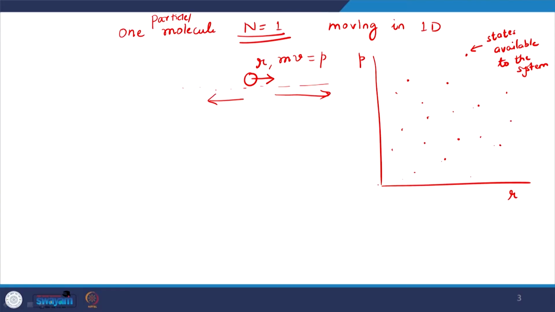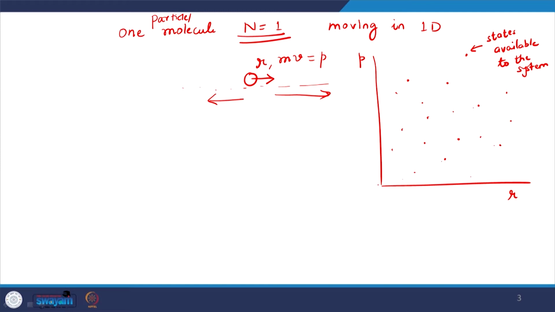Now, for a given system, it may not be from minus to plus infinity or 0 to infinity, it may be in a certain range, let us say within 1 meter to the left or 1 to the right, depending on a boundary condition like a wall that is preventing the particle movement, or the momentum can also be limited. But the key point is that even in that limited range, the number of possible points is still huge. It can take pretty much any value in the continuous space. So, that is already complicated if I am looking at just one molecule.